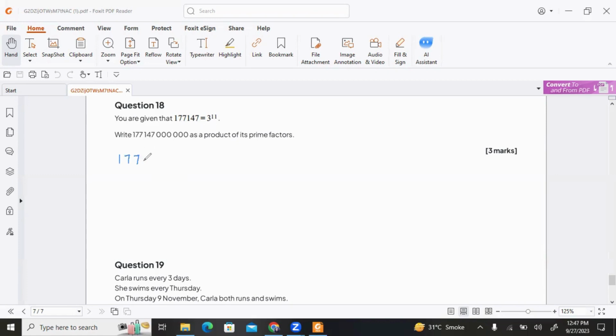So if we rewrite, this is going to be 3 to the power of 11 times we have 6 zeros, so that means 10 to the power of 6. That is it, literally. The only difference was that they added zeros at the end. So you just count the number of zeros and raise 10 to the power of the number of zeros, and you're done.